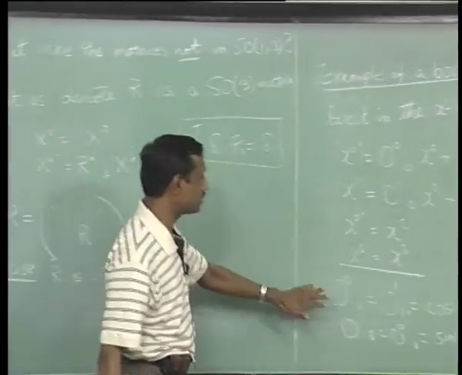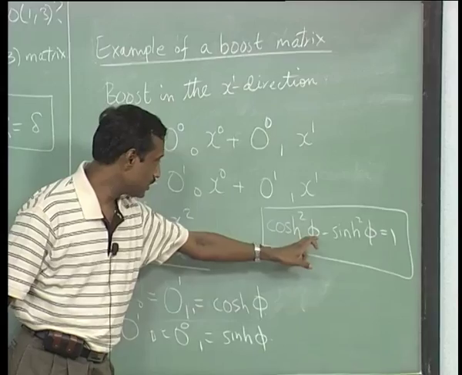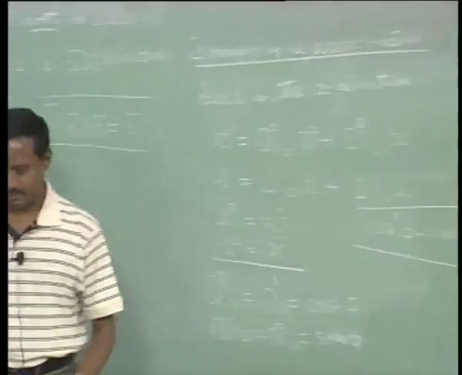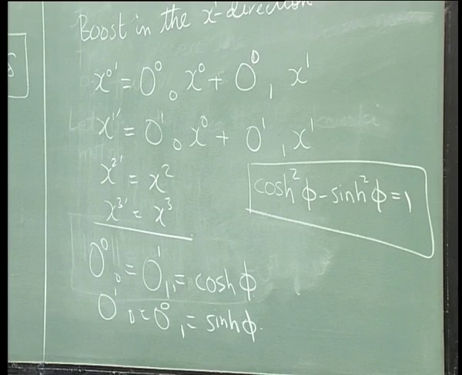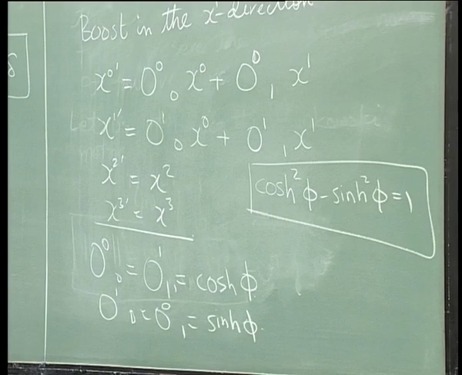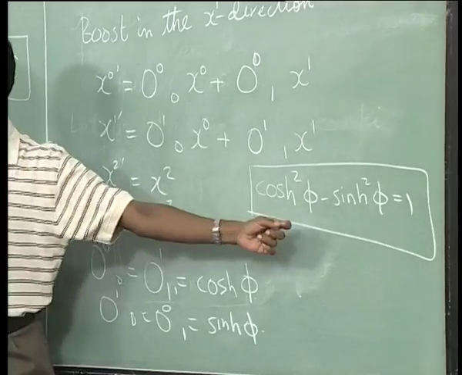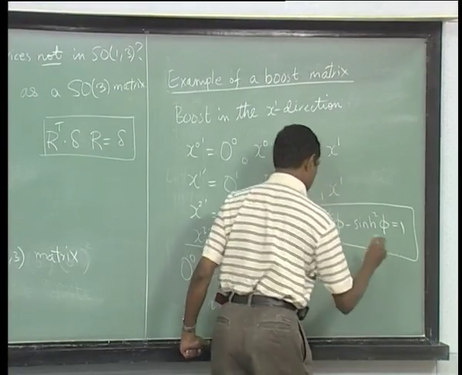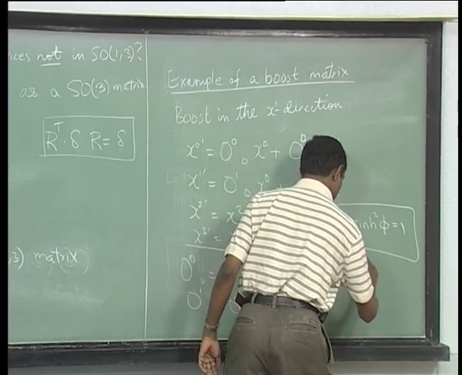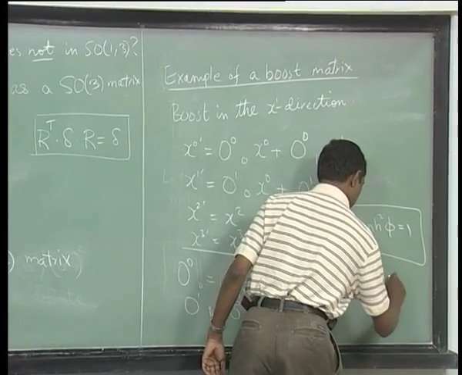So you can see that this is the unique solution, but unlike when it was a trigonometric function, where theta was identified with theta plus 2 pi, this has no periodicity. Phi can take values from minus infinity to plus infinity.